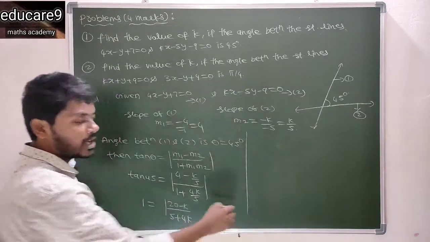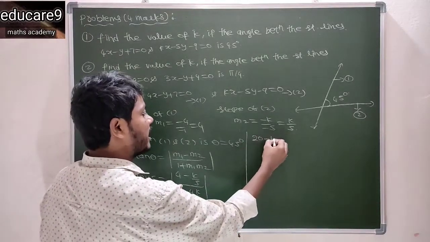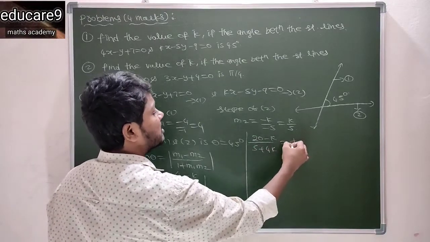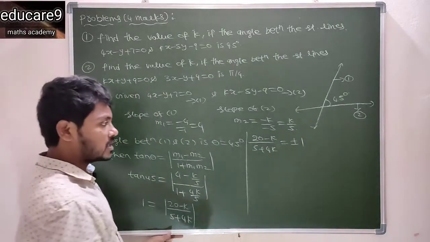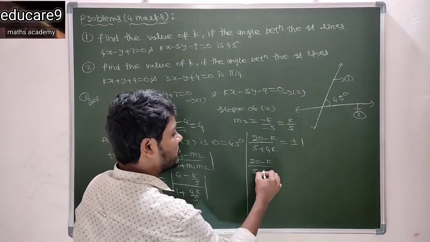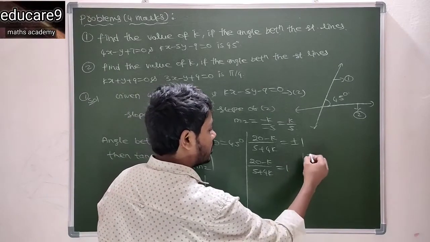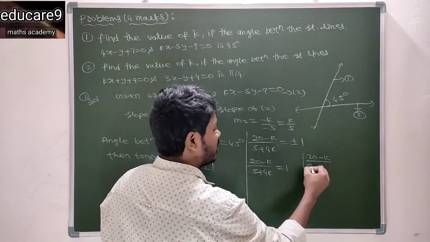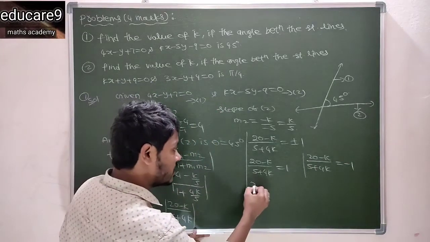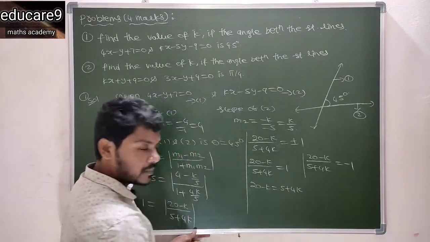So here are two possibilities. So remove mod, you will get (20 minus k) by (5 plus 4k) is equal to plus or minus 1. So first one, (20 minus k) by (5 plus 4k) is equal to 1. And second one, (20 minus k) by (5 plus 4k) is equal to minus 1. So this is 20 minus k is equal to 5 plus 4k.